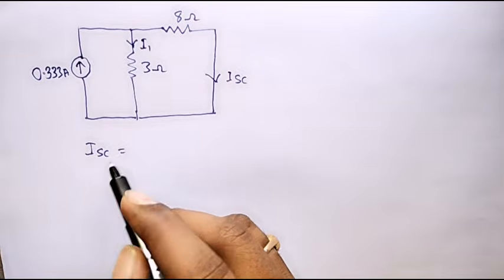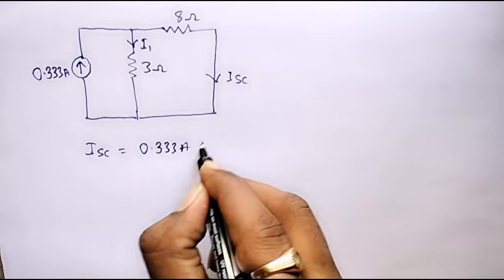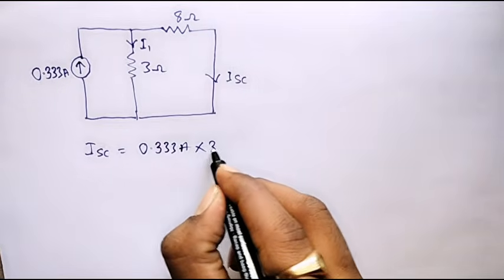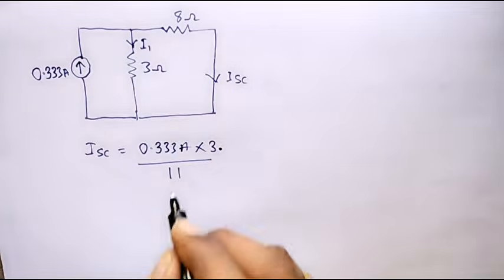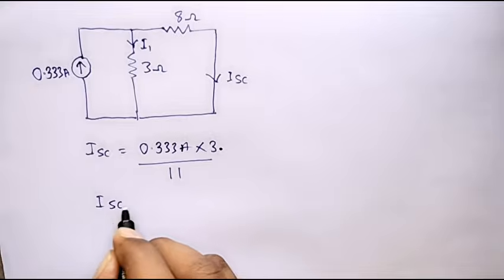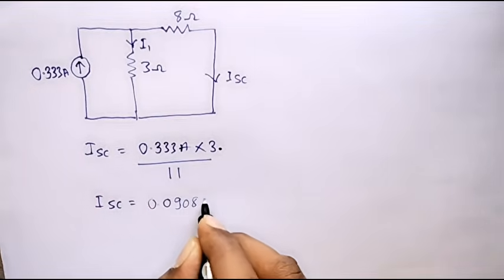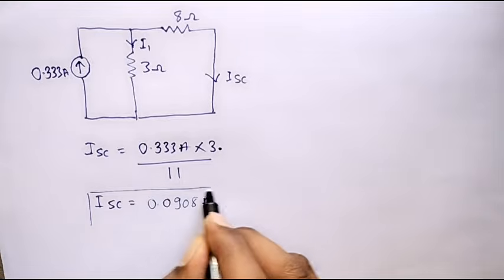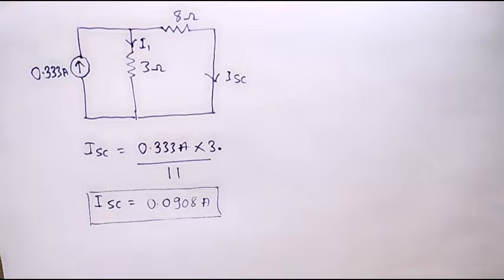That is, ISC is equal to the total current, that is 0.333 amp, into the opposite resistor, that is 3, divided by the sum of these two resistors, that is 11. So simplifying this, 0.0908 amps. So this is the Norton's current or short circuit current.